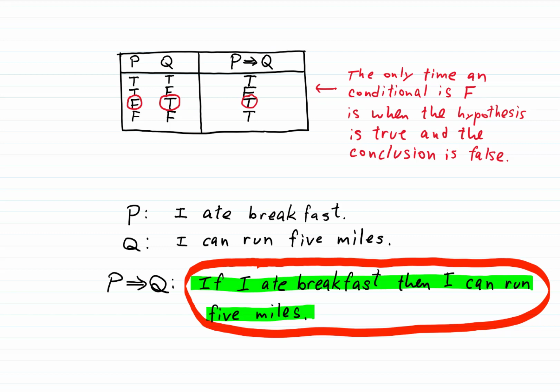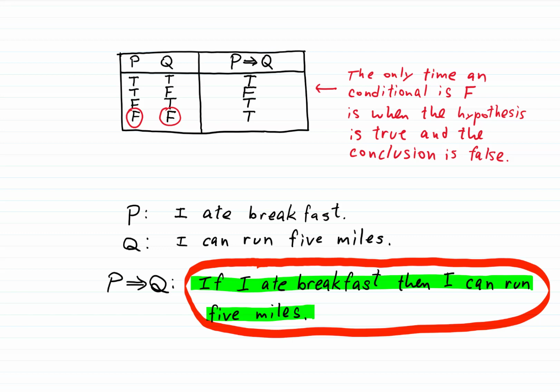And the fourth line in the truth table has a very similar explanation. The fourth line says P and Q are both false. So what does that mean? That means I did not eat breakfast and I can't run 5 miles. Is the sentence highlighted in green false in that case?